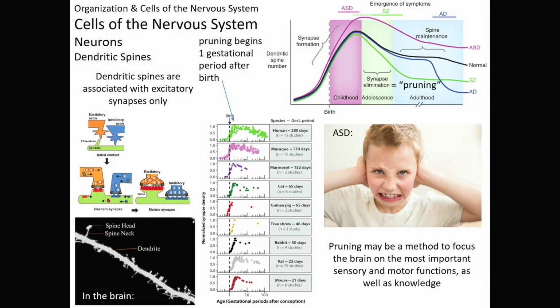It may be a way of trying to get the brain tailored to focus on the sensory information that is most important for the environment in which that brain is developing. And if you can't prune properly, then you end up with these sensory overload situations that we see, for example, in ASD and also some other common neurological disorders.